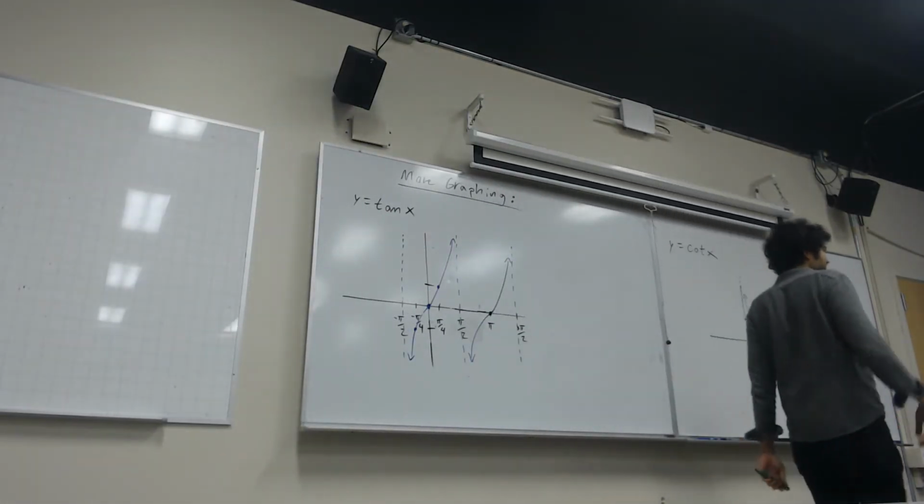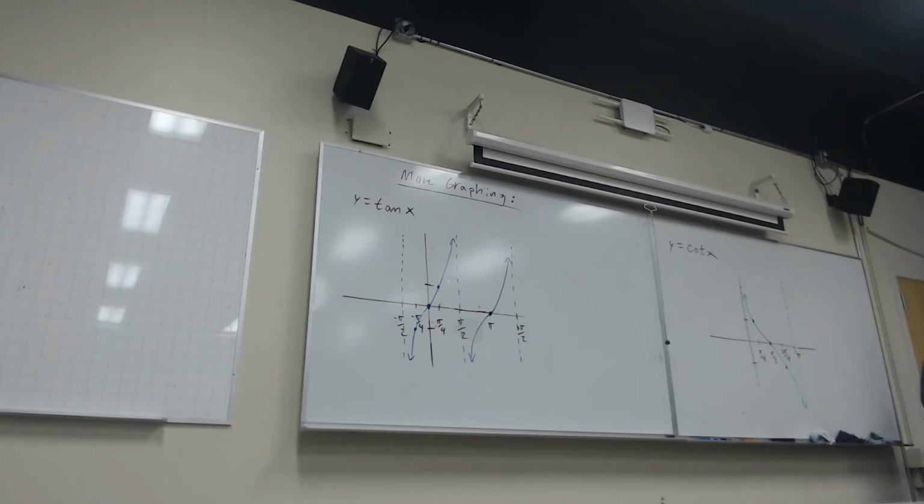How can we relate that super quickly when we're looking at tangent and cotangent? The only thing that I see as relevant is that the vertical asymptote is removed.